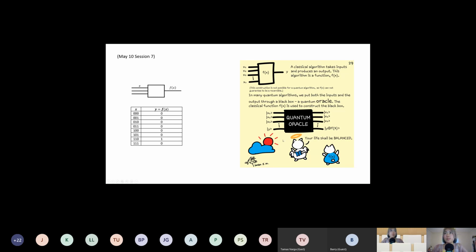So for people who have missed that, definitely go to that session. We won't be repeating it. So in short, when we are building a quantum algorithm, we need these oracles that function like inputs of another part of the algorithm.